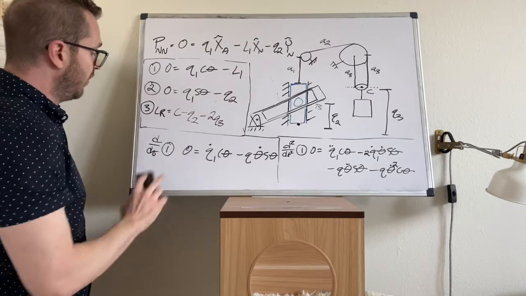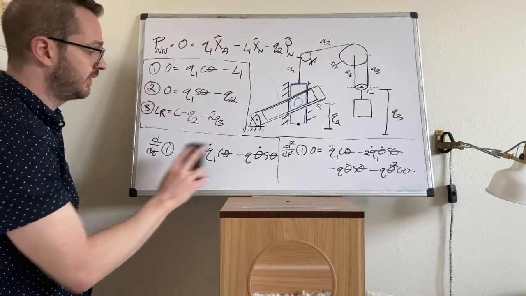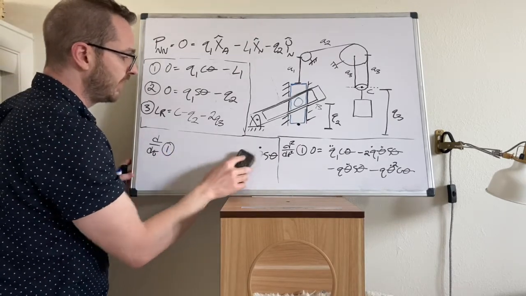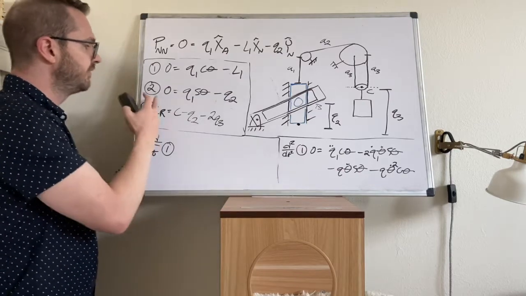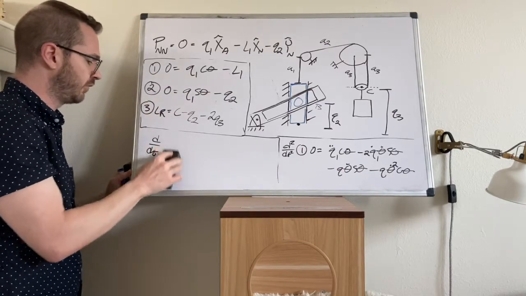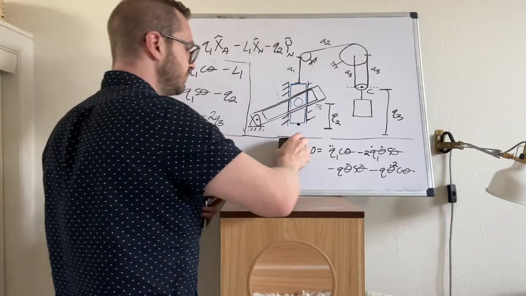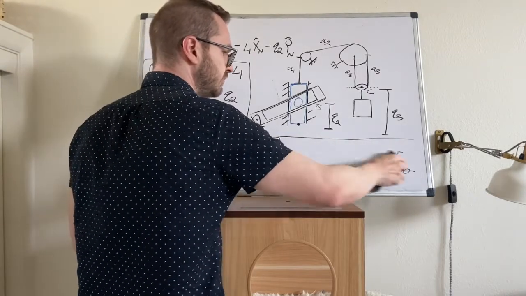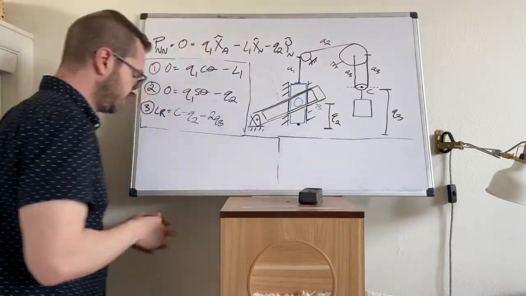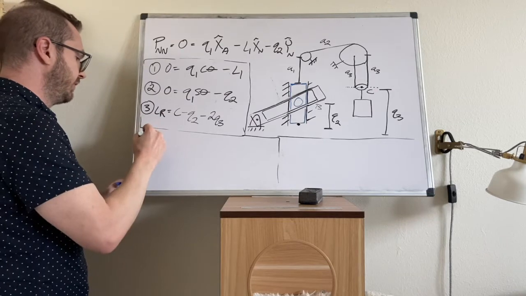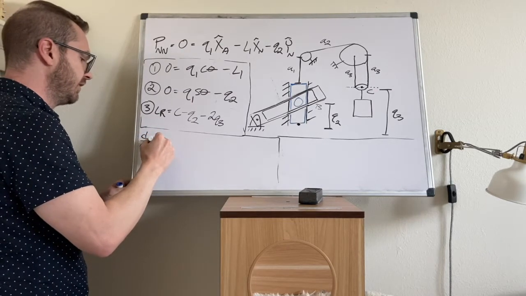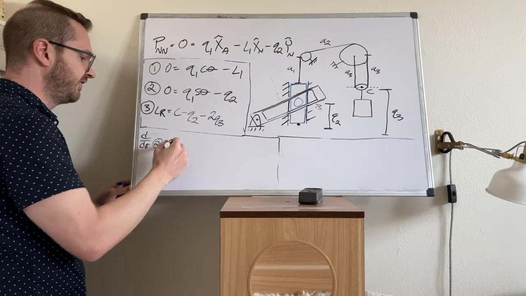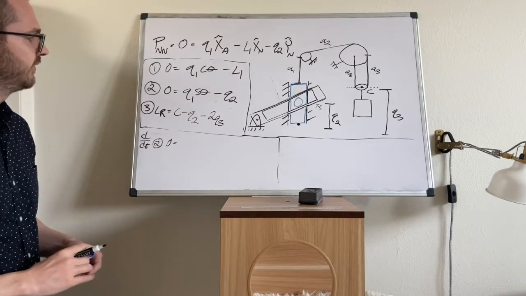Now, what is going to happen when we take derivatives of the second constraint equation? So d/dt of equation 2, here is the second velocity constraint.